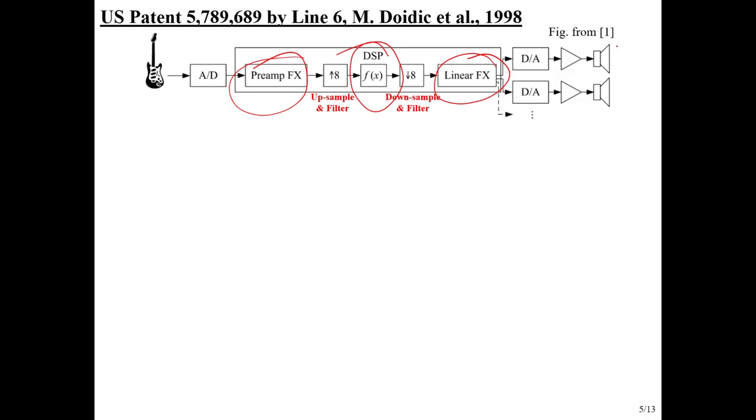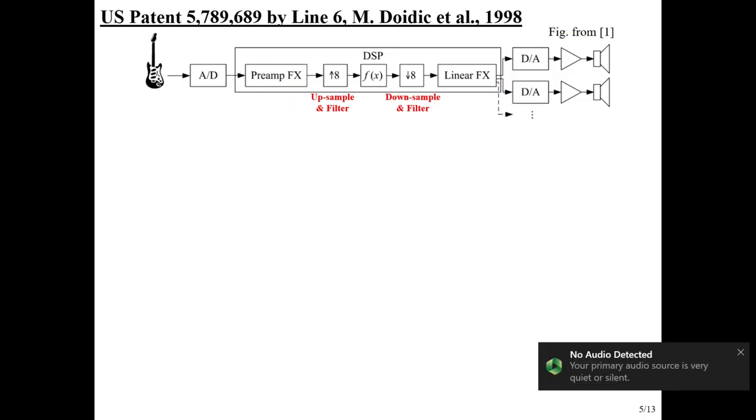And then they actually show going into 2 possible channels, because this linear effects block might be creating a stereo signal. So you might have some sort of ping pong delay or something that's going back and forth between channels. Now, here's the big thing, and I'll comment on this down below. Upsampling by a factor of 8.